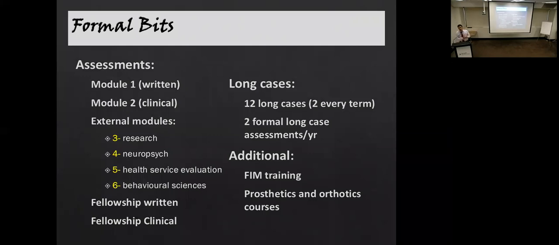In between, you would have to go through long cases, roughly 2 in each 6 months of terms, with at least one formal long case assessment. This is something that you need to plan for and make sure that you're not cramming towards the end of your year. That is not a very good practice, and it often leads to a disastrous long case.